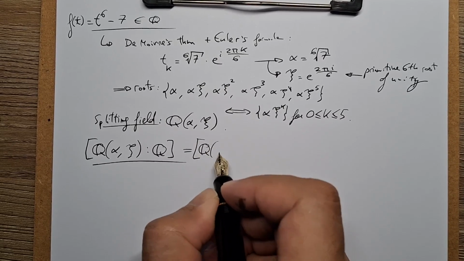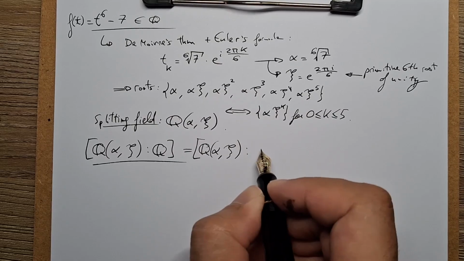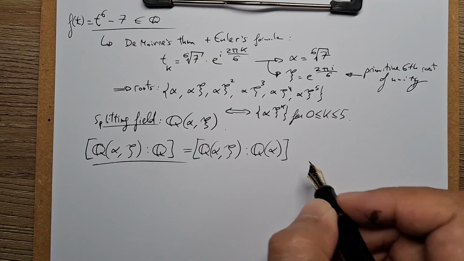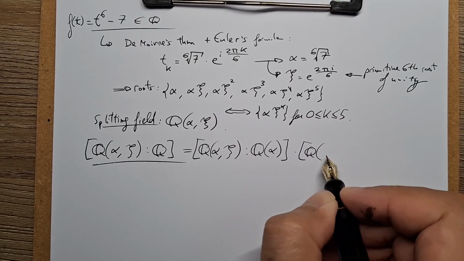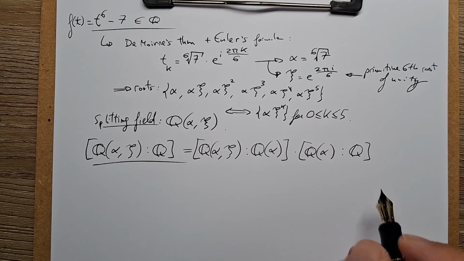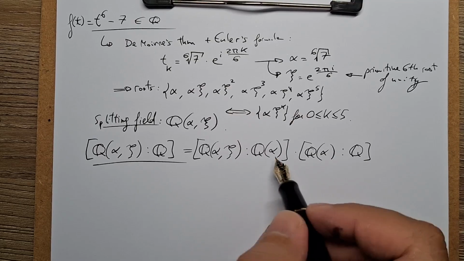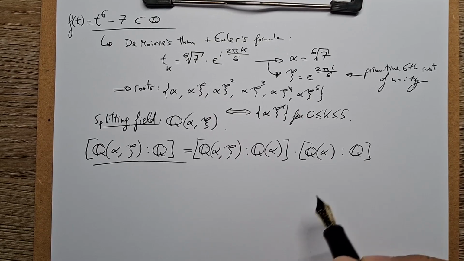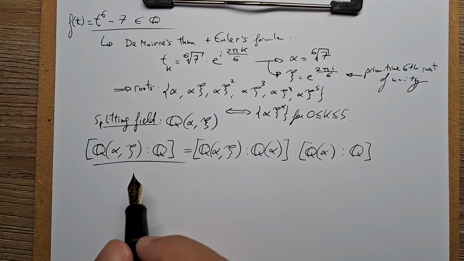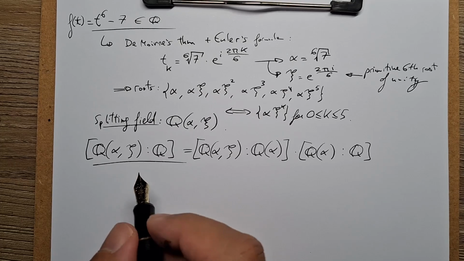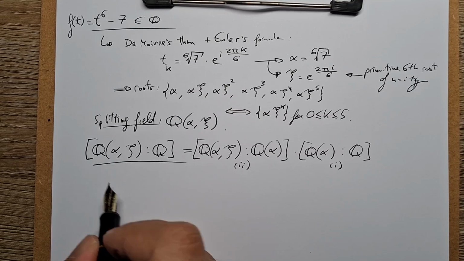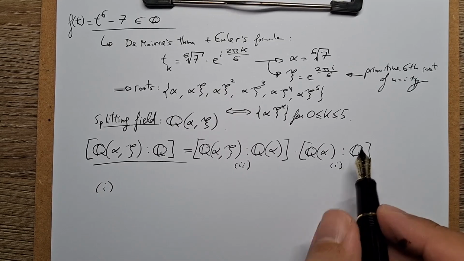One is the extension over alpha joined to Q, and then the small extension of alpha joined to Q over Q. So we need to find these two smaller extensions, and then just by multiplying their degrees, we obtain the degree of the biggest one. So let's enumerate this.